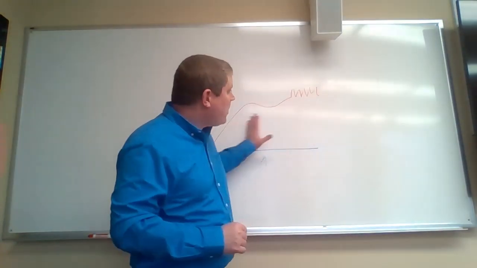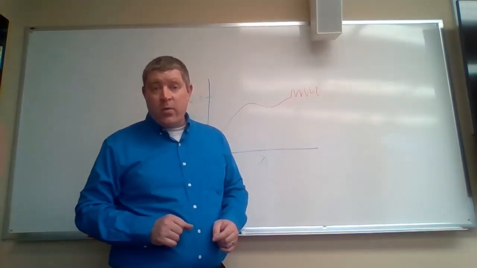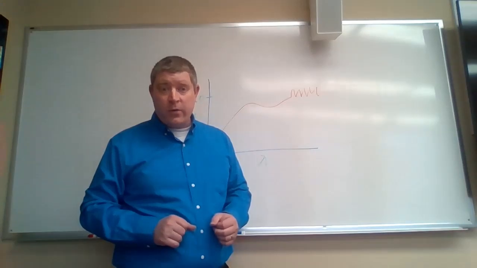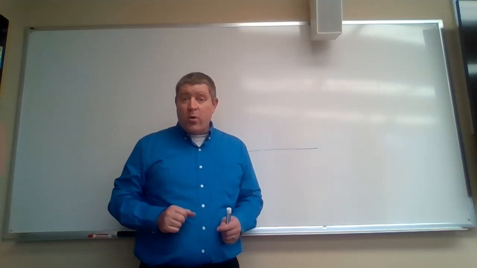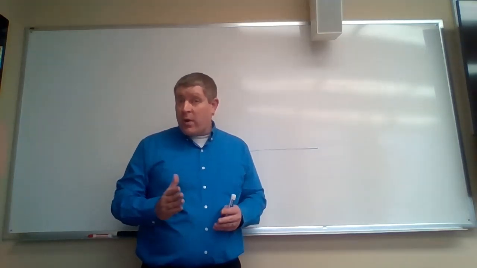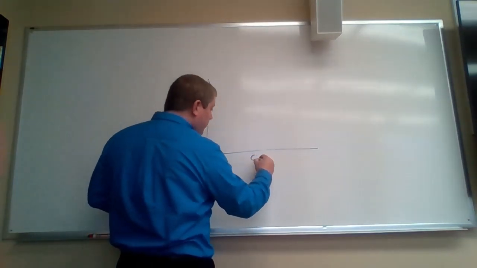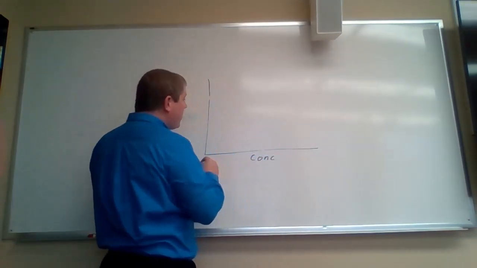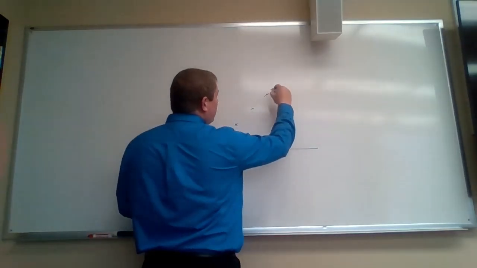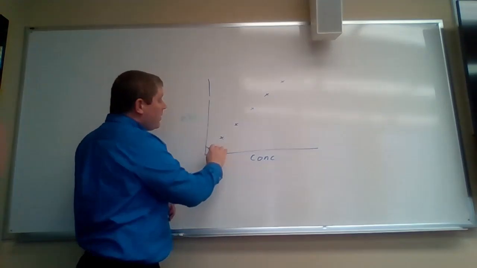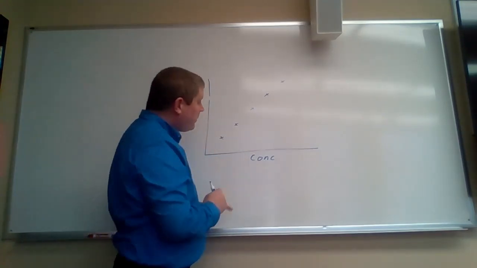Instead of measuring across the entire spectrum, you'll only measure the absorbance at one wavelength and record those values. So then you're going to make some standard solutions and record the absorbance values at that one wavelength that you've picked for each of those standard solutions. So if we have the concentration down here of our analyte, we should see something that looks like this, where at least within some region, the absorbance will be related to the concentration.